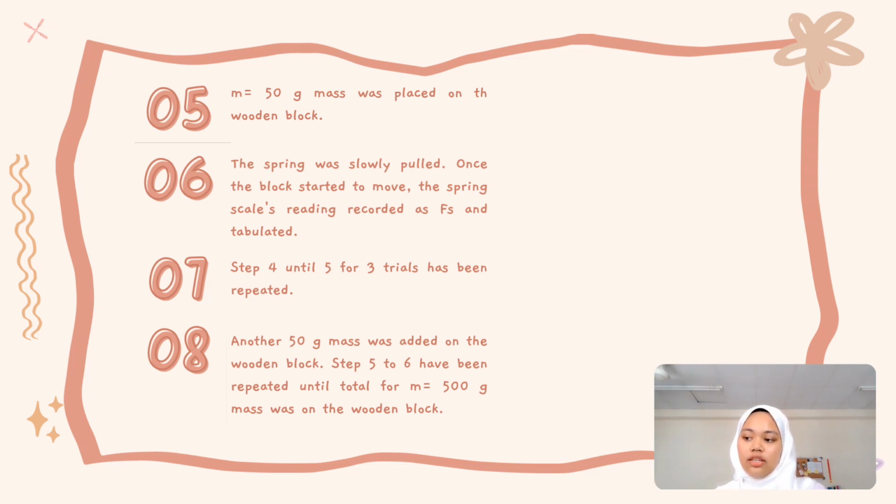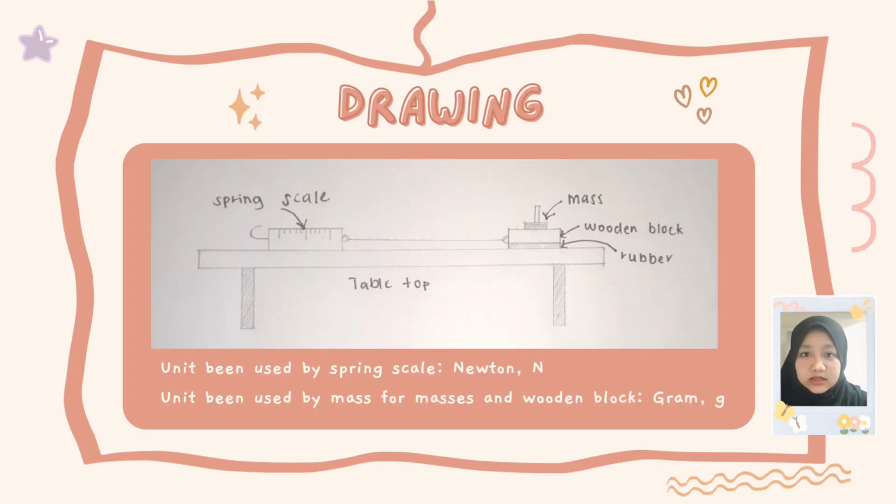And the last one, another 50 gram mass was added on the wooden block. Steps 5 to 6 have been repeated until the total M equals 500 gram mass on the wooden block. The sketch on the screen shows the position of each apparatus in the experiment.